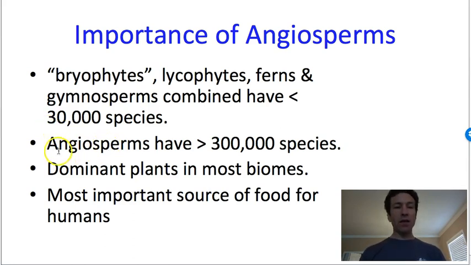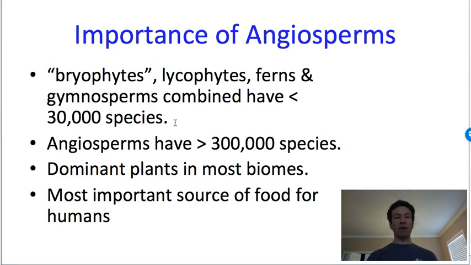In comparison, angiosperms, that one group alone, probably has more than 300,000 species. So we are talking about 10 times as many angiosperm species as all of the other plant species combined. So something has happened here to make angiosperms incredibly successful.